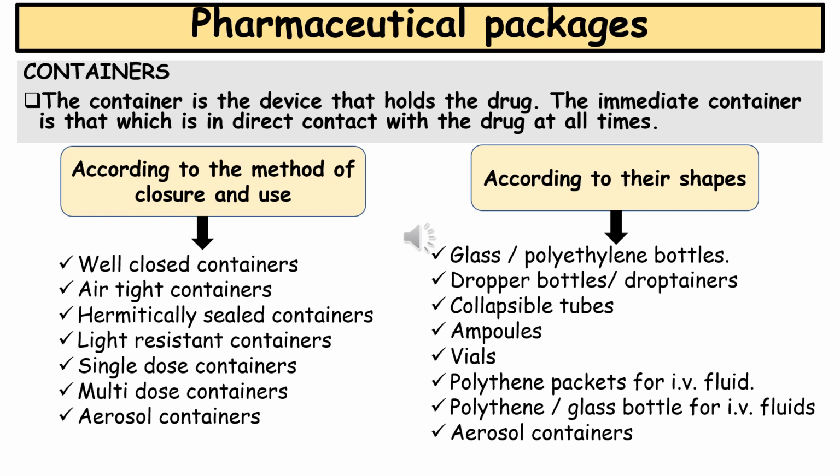And according to the shape of the container, the packaging formats for containers include glass or polythene bottles, dropper bottles, collapsible tubes, ampoules, vials, polythene packets for intravenous fluid, then polythene or glass bottle for intravenous fluids, and aerosol containers. Now let us study all these packaging formats one by one.